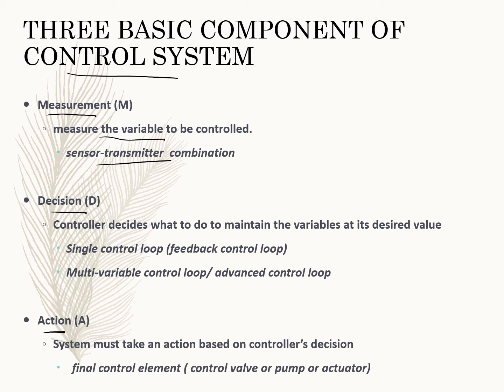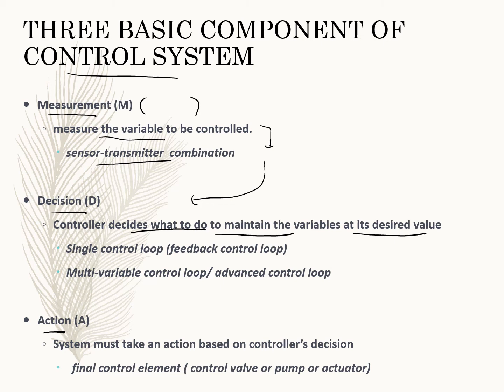Decision: the controller decides what to do to maintain the variable at the desired value. That means the measured variable goes to the decision, and the controller will decide what to do based on the value measured here.